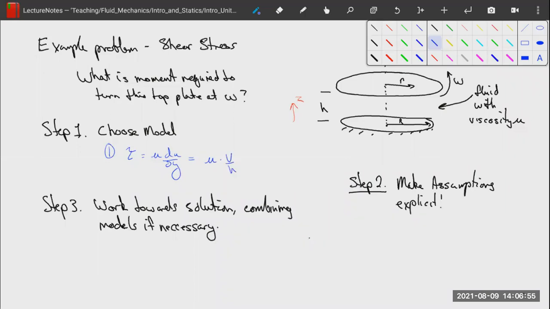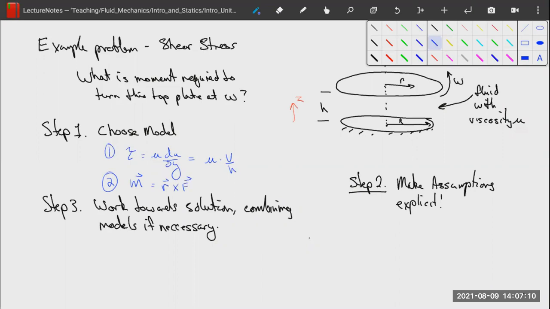So we're going to try to use that in this problem. Then our second model we're going to use is that our moment is equal to our radius crossed into our force.